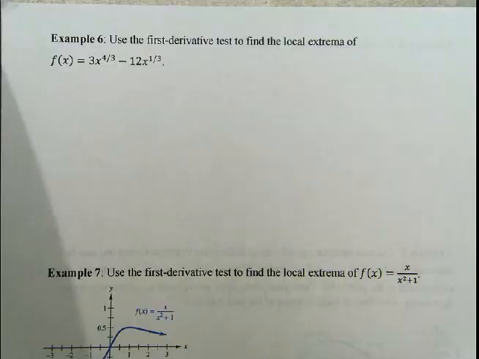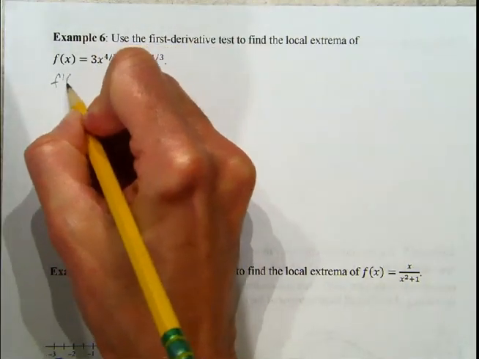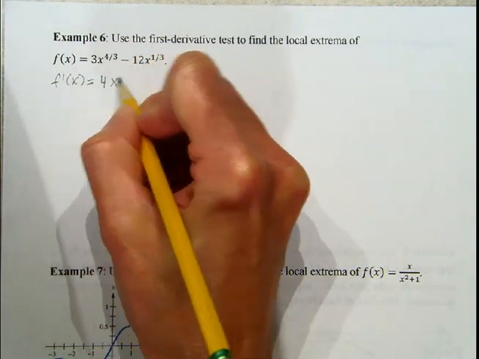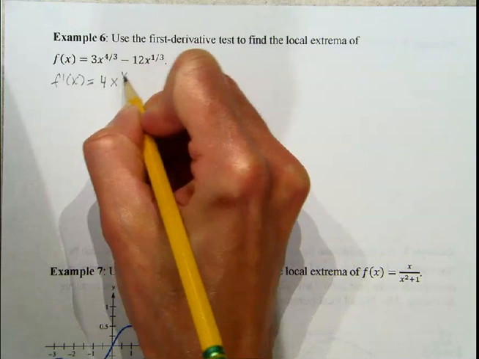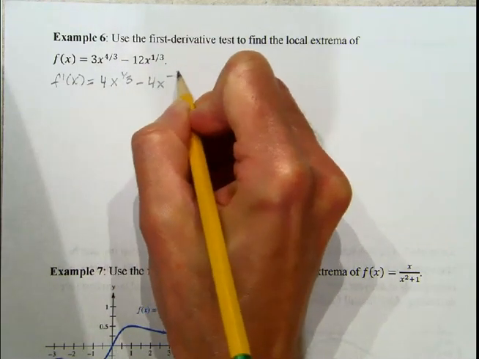Now for example 6, we're going to do the same thing, only it's a little bit more complicated because of the rational exponents there. So we're going to find the derivative. So the derivative of this would be 4x to the 1/3 minus 4x to the negative 2/3.